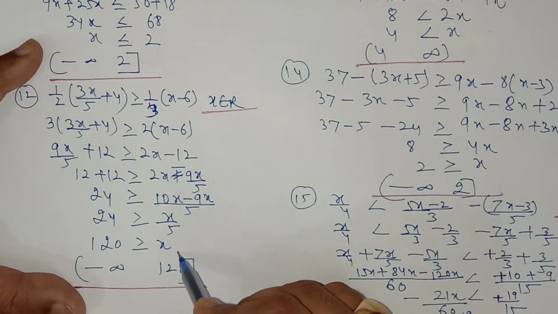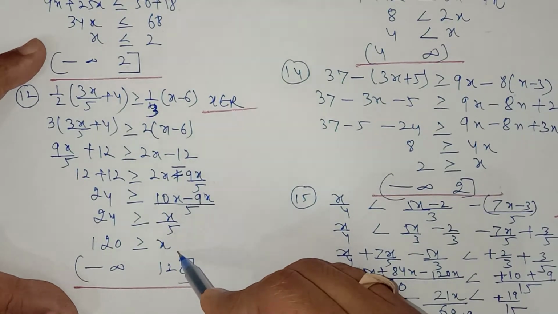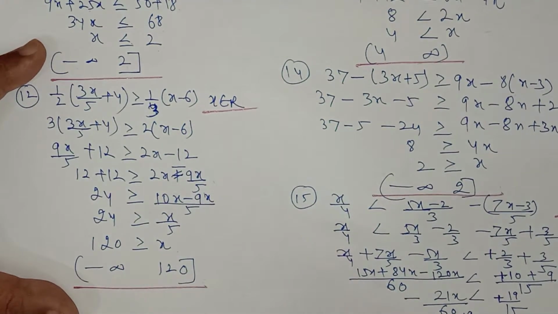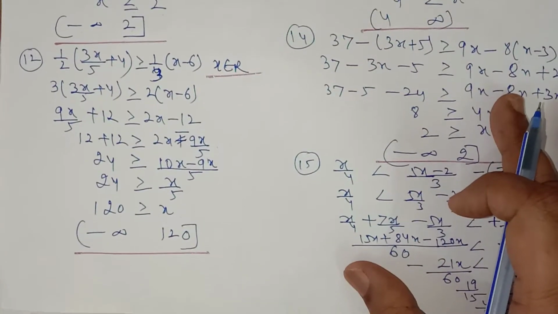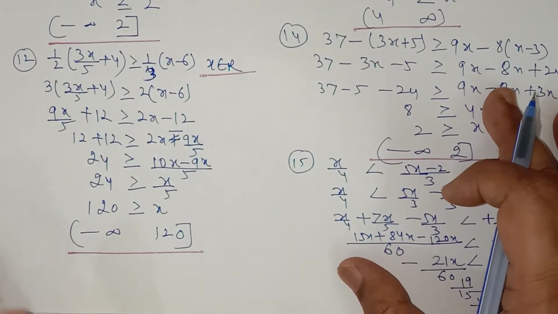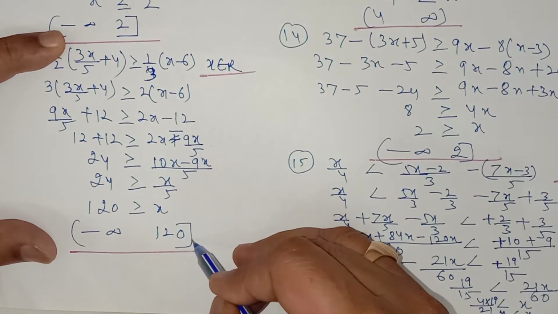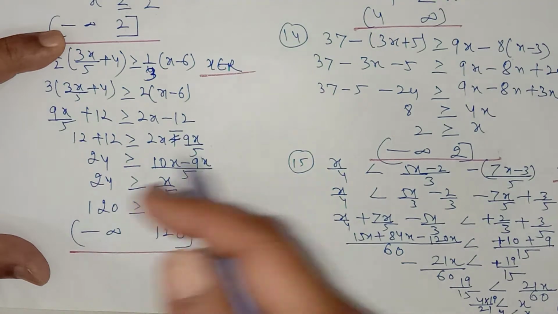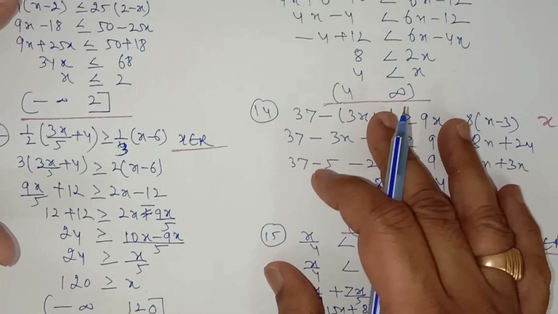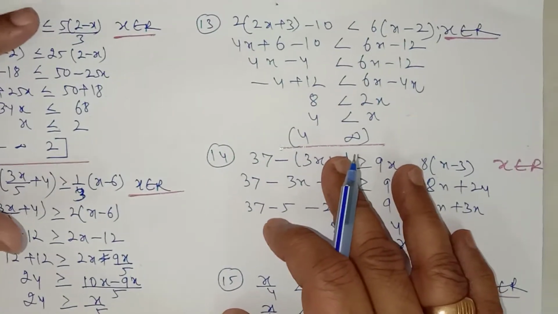The value of x is less than or equal to 120, that is, x will be towards minus infinity from 120, and we have the equal sign here, so it will be a closed interval. So from 120 to minus infinity towards the left, because x is less than or equal to 120, and it is a real number.